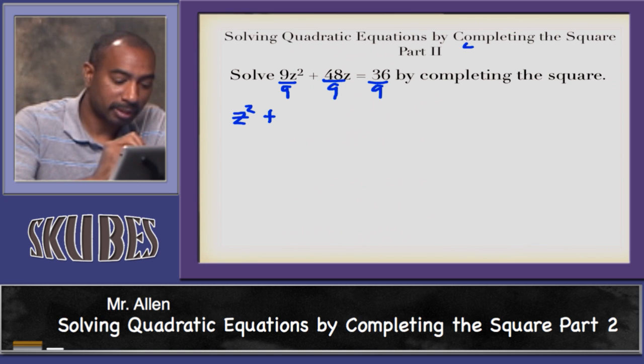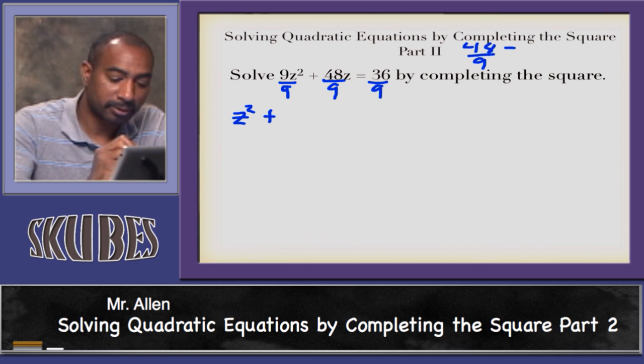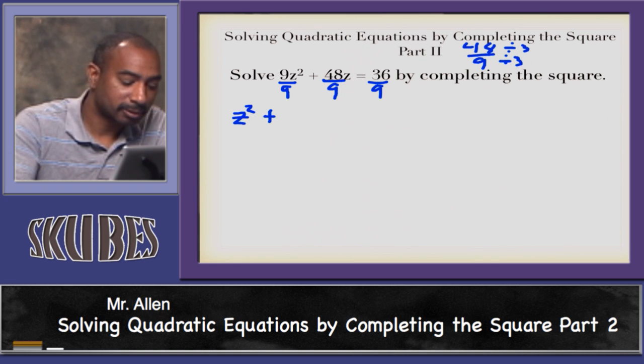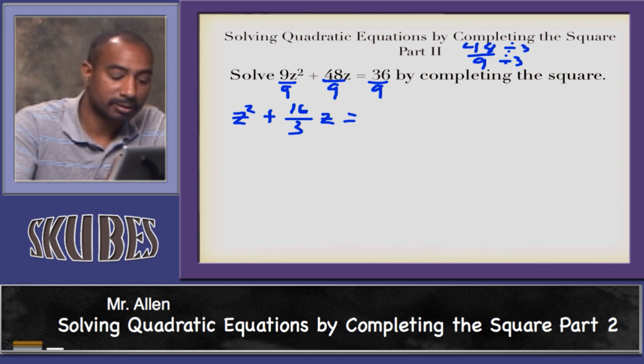So we're going to take 48 ninths and see if you can reduce it. Well, it turns out that 3 divides into both 48 and 9. So 3 divides into 48 16 times, and into 9 3 times. So this becomes 16/3 z. And 9 divides into 36 4 times.